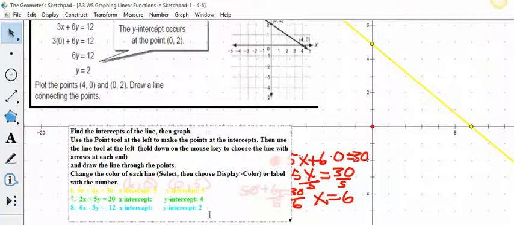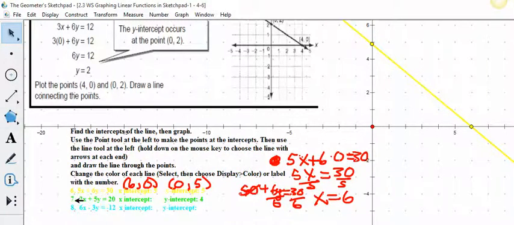So in order to find the intercepts, you let the other coordinate be 0. So in order to find the x-intercept for number 7, you're going to let the y-coordinate be 0. So this will be 0, so you'll end up with 2x equals 20. And then you just solve that little equation. This is the work for number 6.